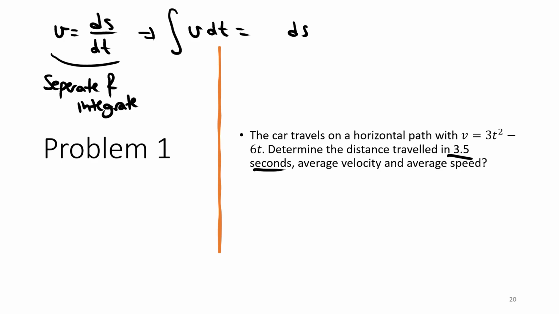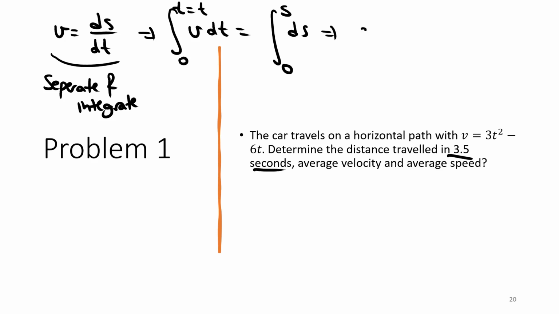We put the initial time as 0, and then we will have the time as t. Similarly here, we will have the position as 0 and then position as s. Now let's replace the v value here.